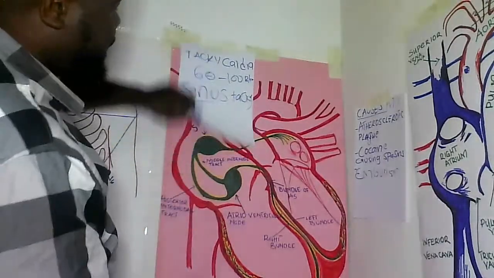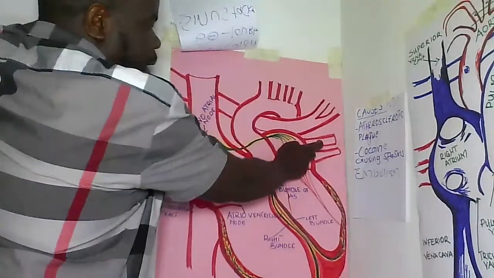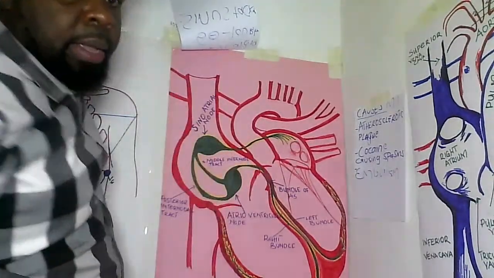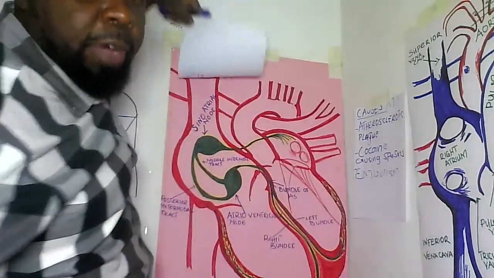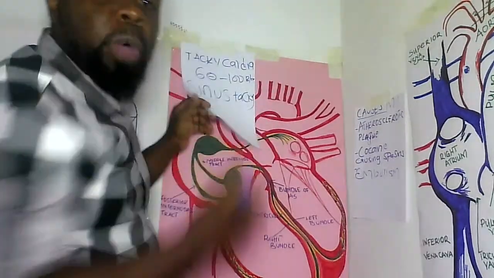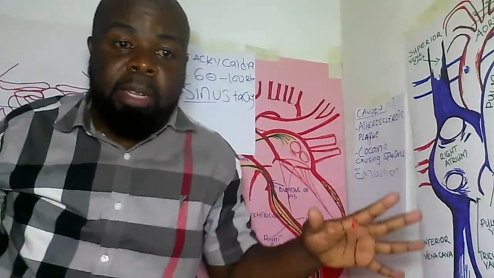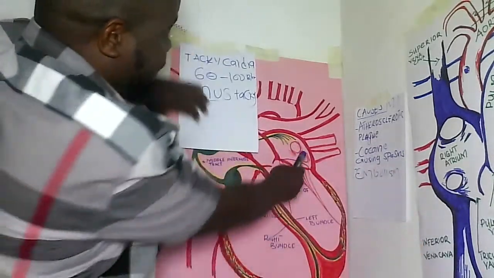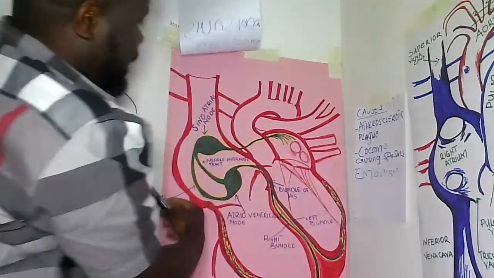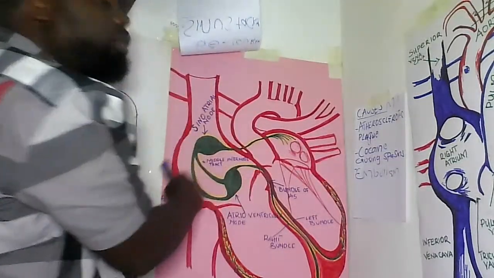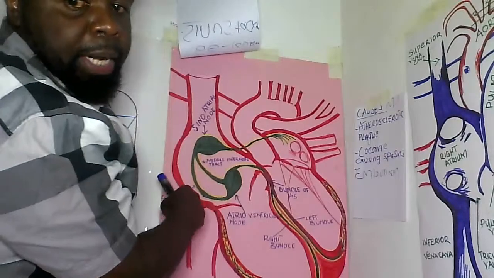When the impulses are traveling here, you will find there is another node, a very funny node that we don't know where it came from. It just comes by itself from the other side, and it is reversing as the sinoatrial node is giving its impulses.